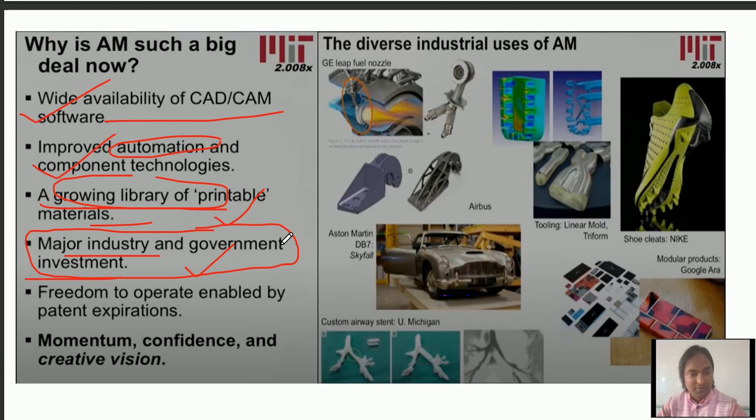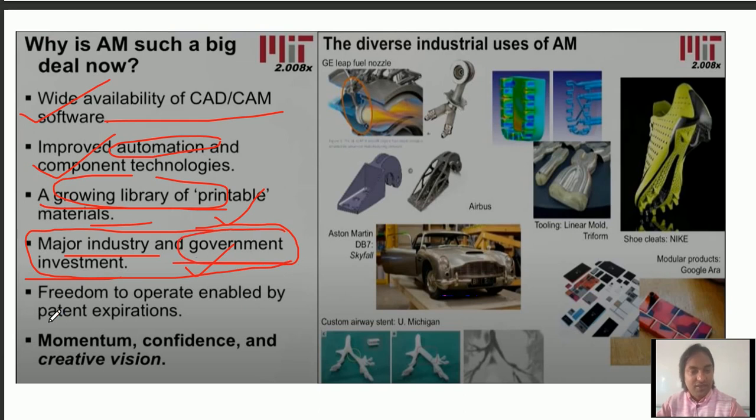So every industry and government is spending in their R&D, like you are going to study only for that reason that government is spending. Governments want to enhance your knowledge so that in future you are ready for the challenges in future skills.